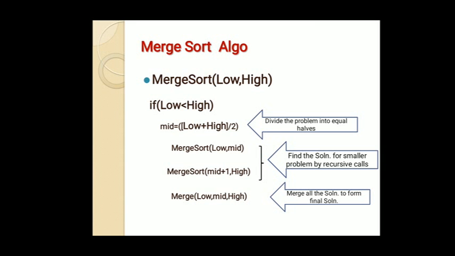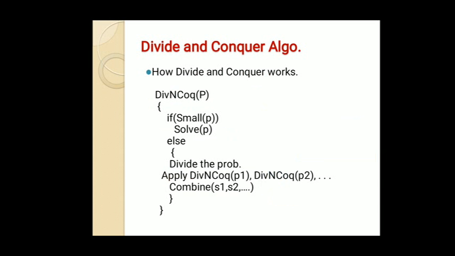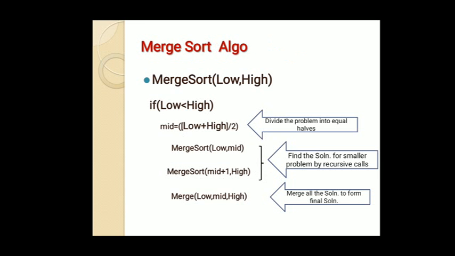What is this condition all about? As you have seen with respect to if small in terms of the divide and conquer algorithm, it is the same thing. If the problem is not small, what should be done? If not small, I have to go on dividing that into a much smaller problem.